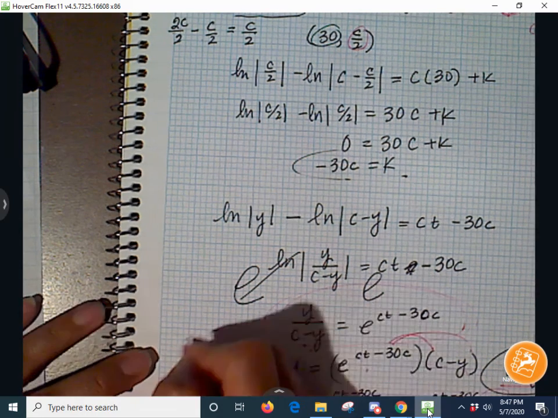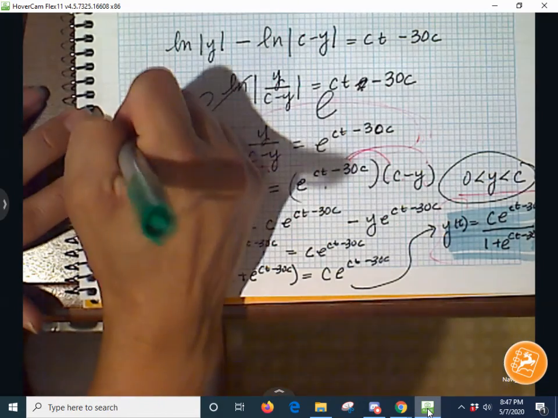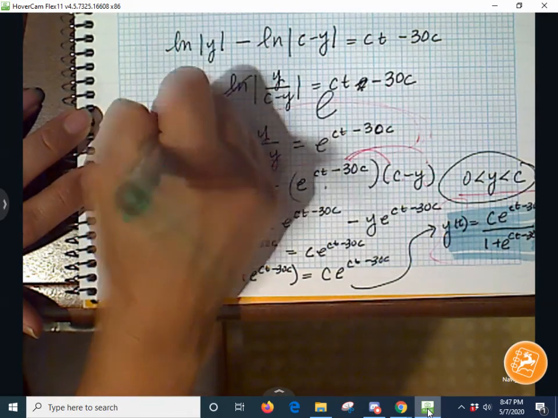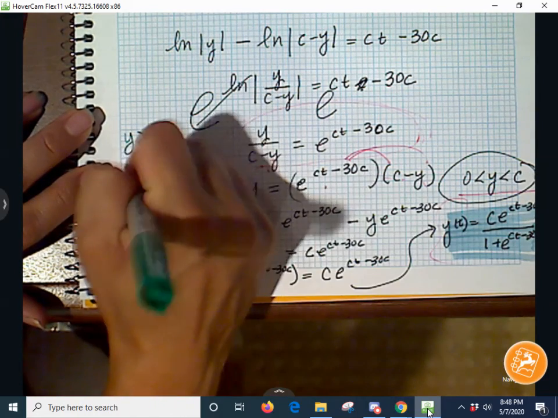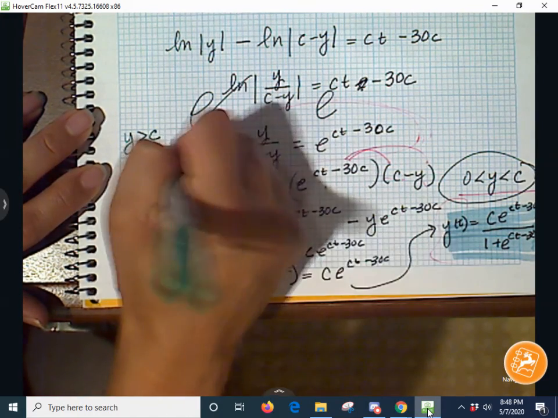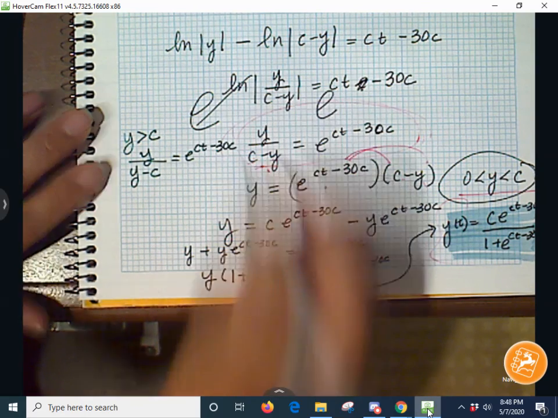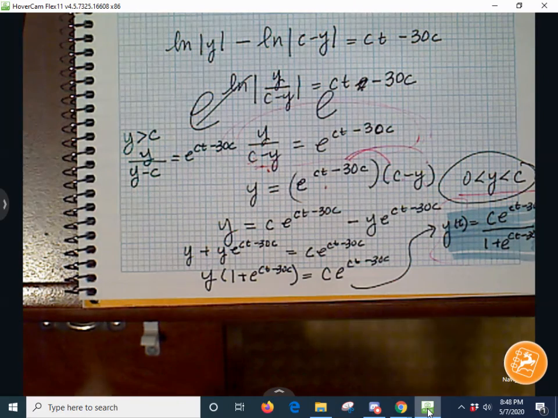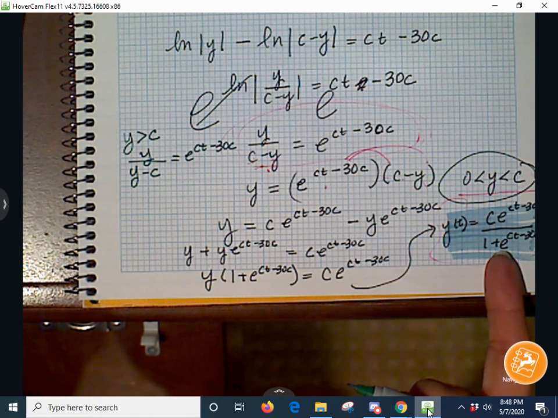So to make a solution for y greater than c, you would start from here. Y divided by y minus c is equal to e to the ct minus 30c. And then you would proceed with the same algebraic steps to get to your solution, which is just going to switch some signs here.